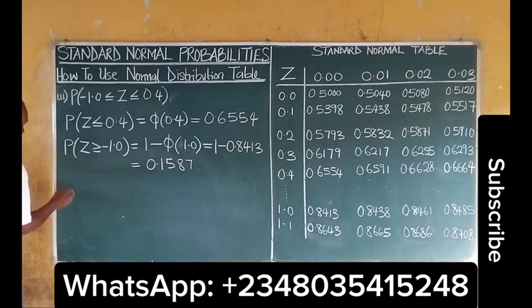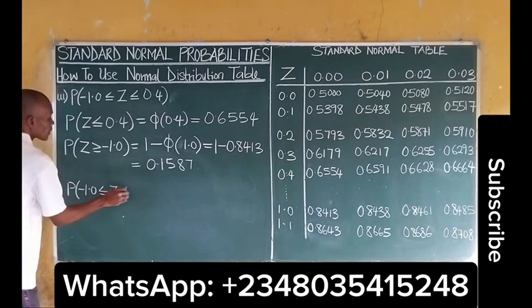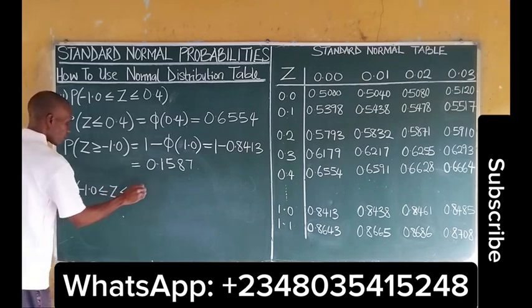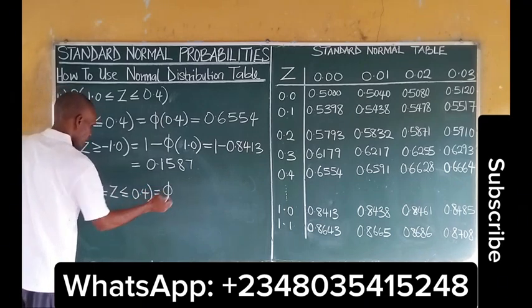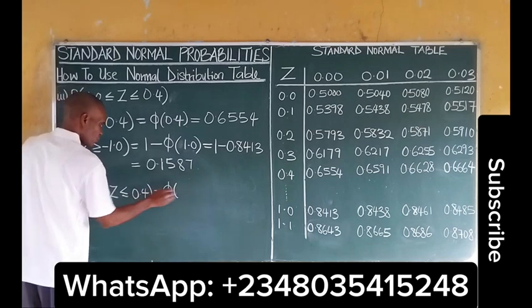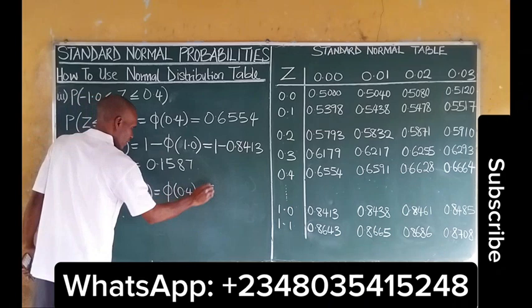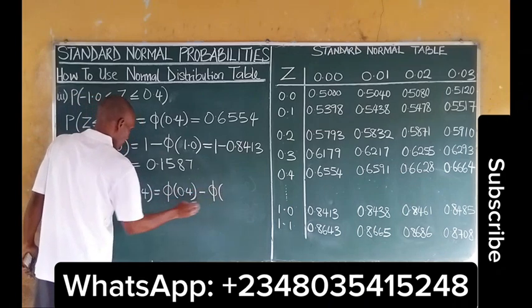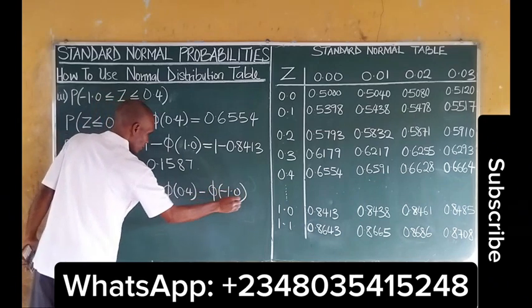Now, we can write this probability properly. It then means that our probability for negative 1.0 less than or equal to Z less than or equal to 0.4 can be written as the normal curve Z2, which is 0.4, minus Z1, which is negative 1.0.